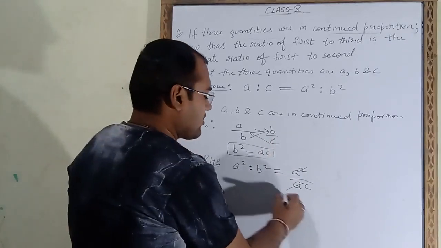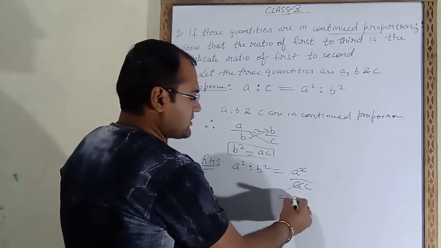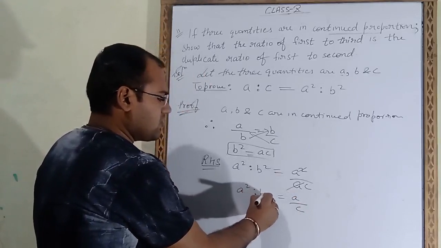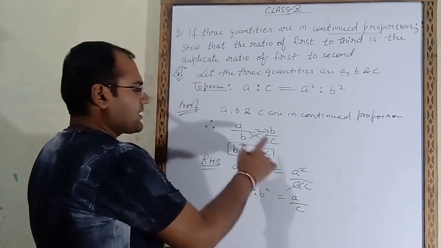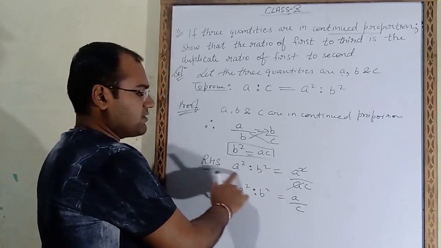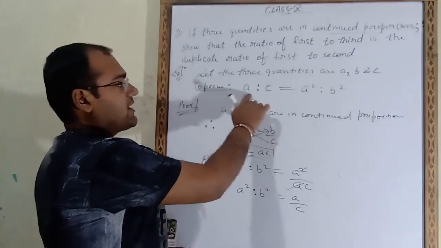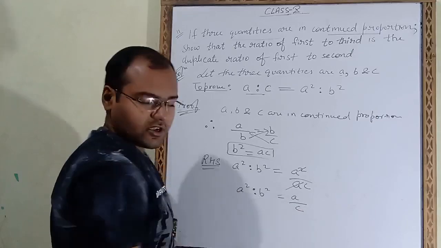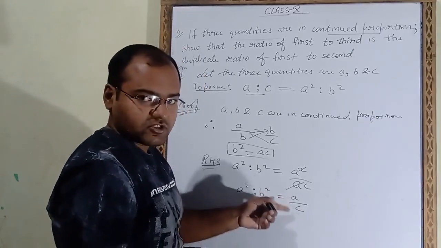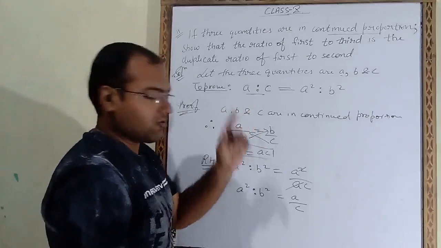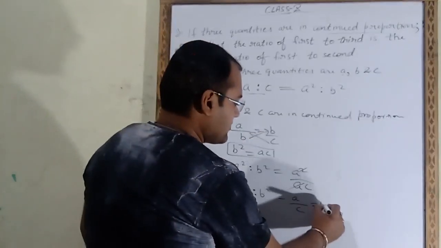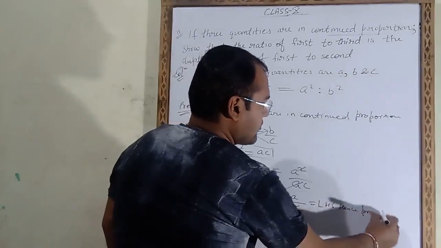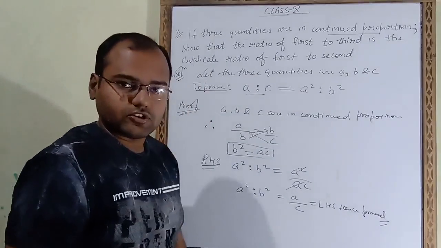So the answer of A square ratio B square is A upon C. This side we have taken right hand side, and left hand side is A ratio C. So the answer of RHS is A upon C, that means A ratio C, and this is the left hand side only. So we write: this is equal to left hand side, hence proved. So like this you have to do this question.